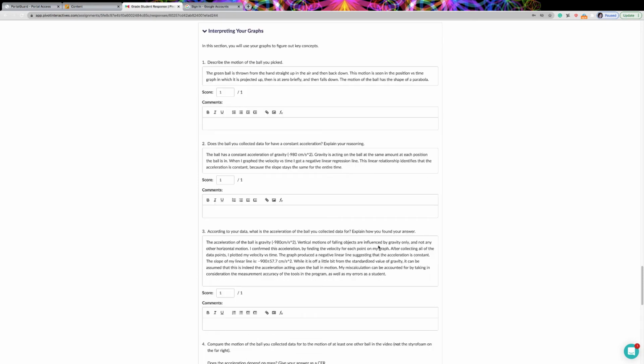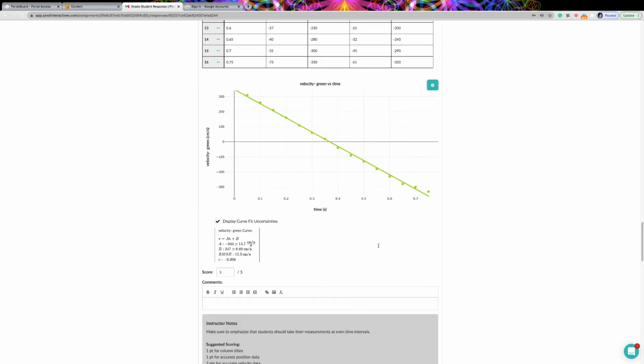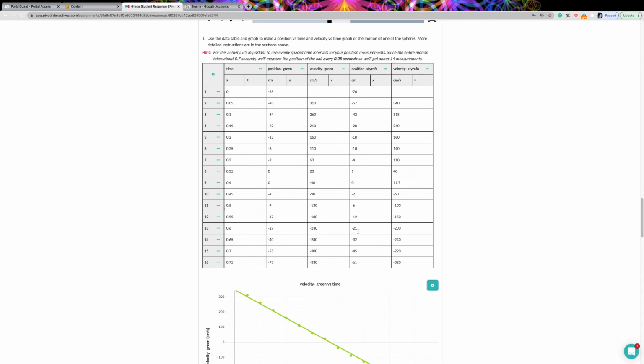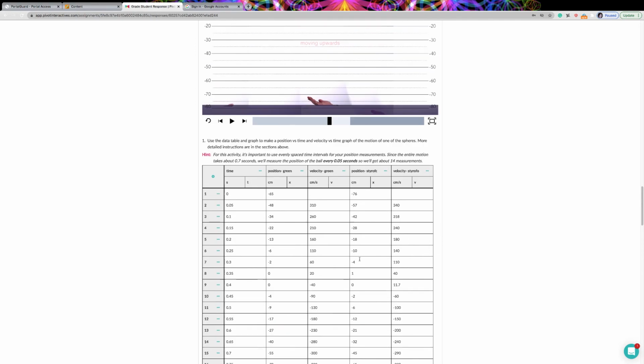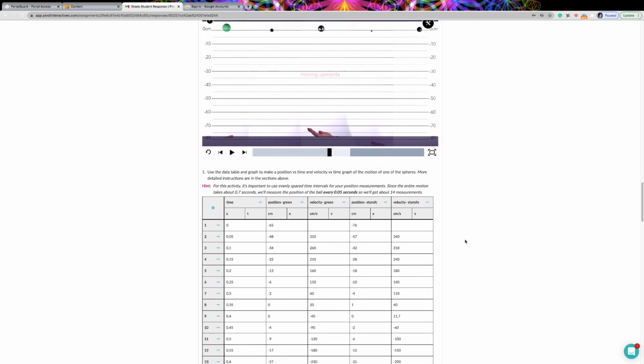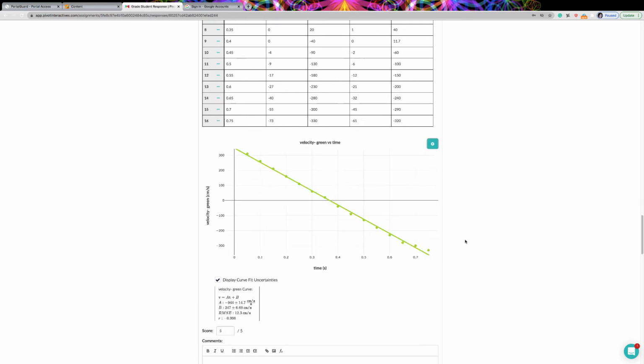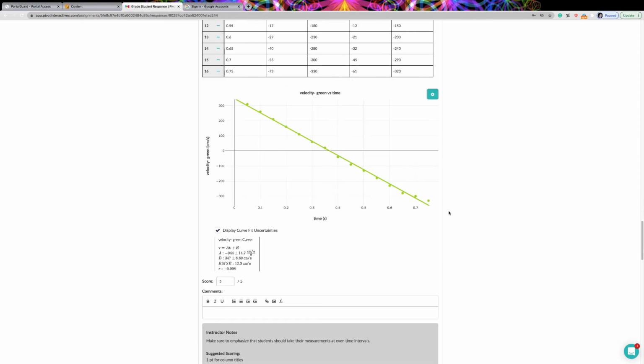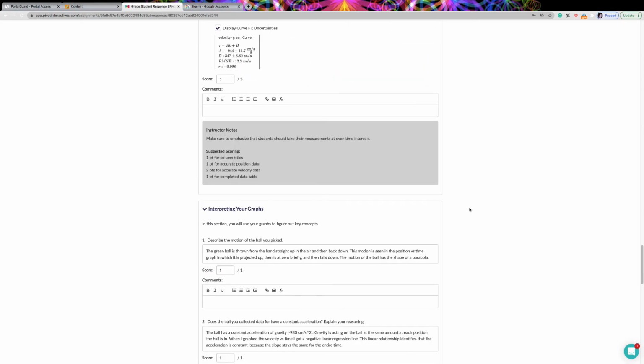The next thing you had to do was to determine if mass affected the acceleration of the ball. So you needed to do a velocity graph or a position graph for a couple of the other balls. And you should find that they all have about the same acceleration, barring any data collection error. They all are about 9.8, and they're all linear.